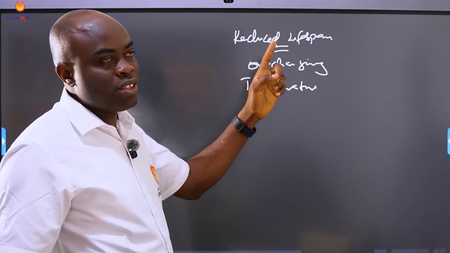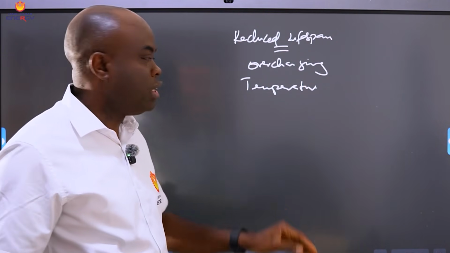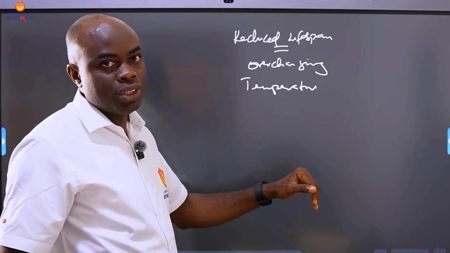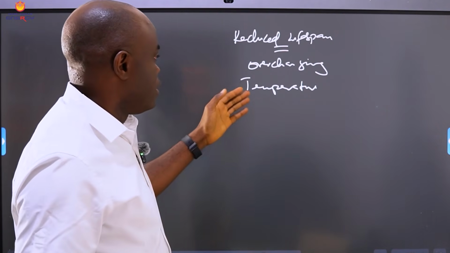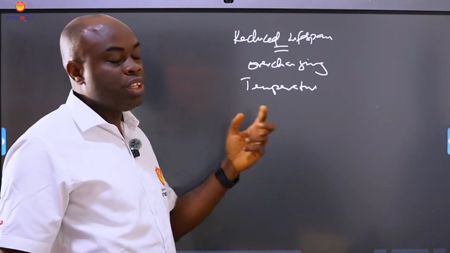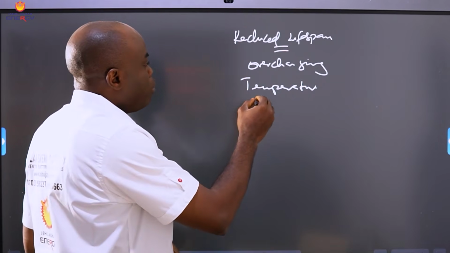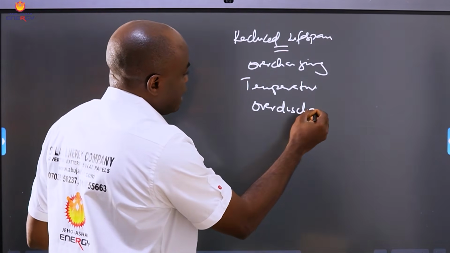So when the inverter detects, oh, this temperature, I shouldn't send a charge to the battery, it cuts off charging the battery, and that helps your battery to last longer. So overcharging, over discharging. When you keep over discharging your battery beyond its DOD, depth of discharge.